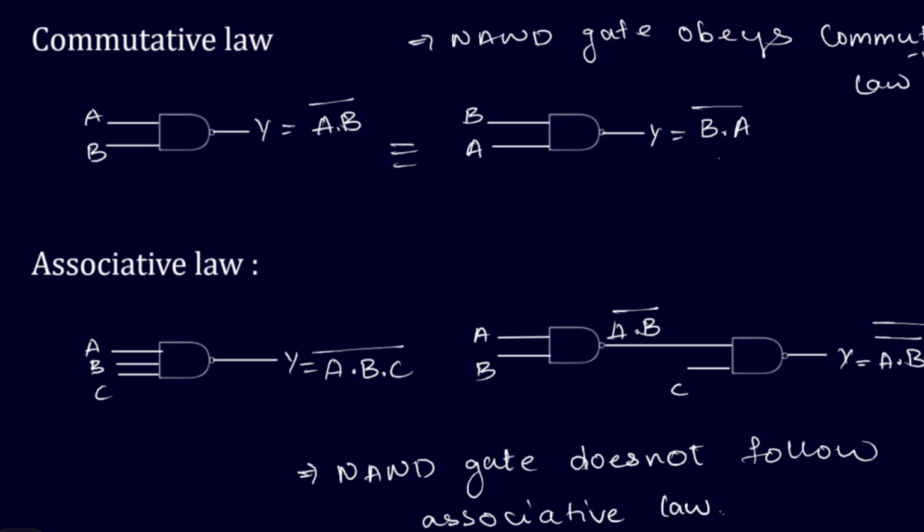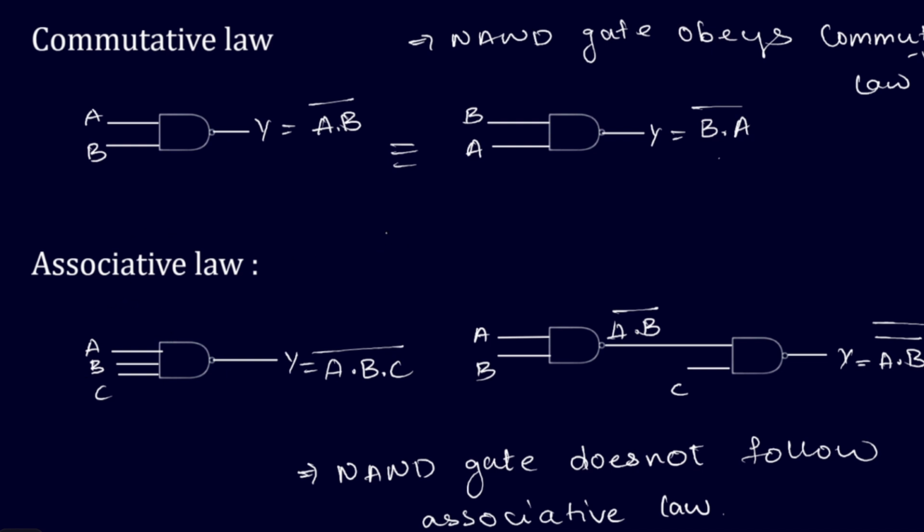So this is the difference between all other gates and this NAND gate, because all basic gates and arithmetic gates follow both commutative law and associative law. But when you come to universal gates, they follow commutative law, but they do not follow associative law. So in GATE, in PSUs or ESEs, they may ask this question.